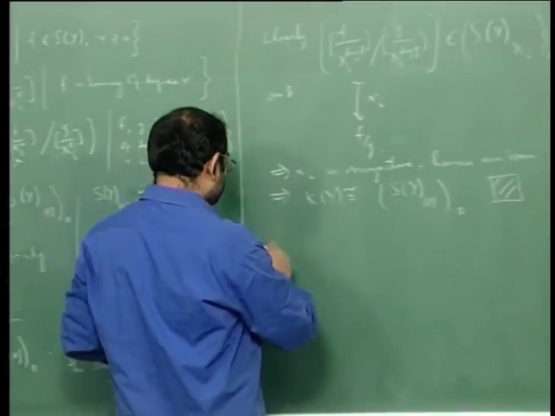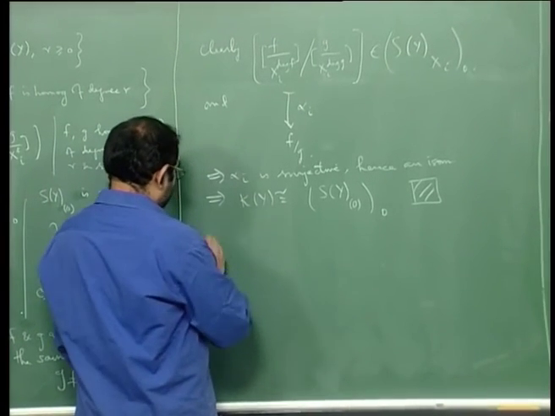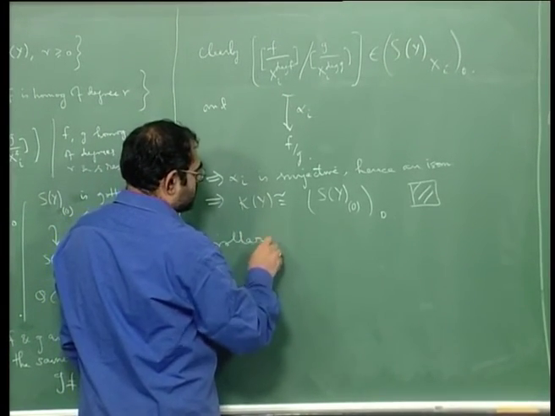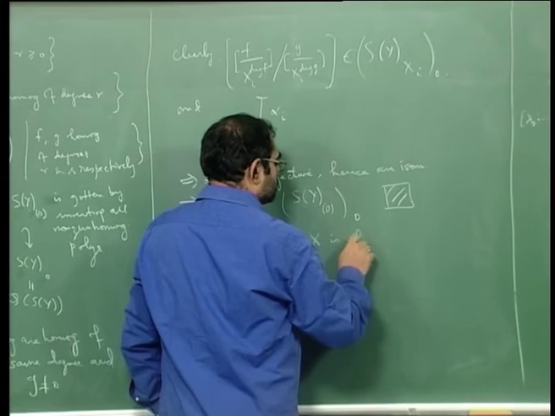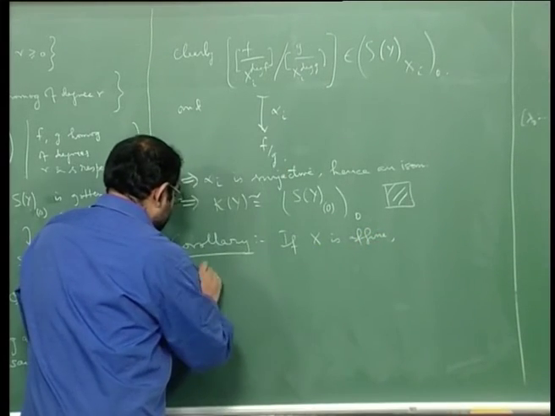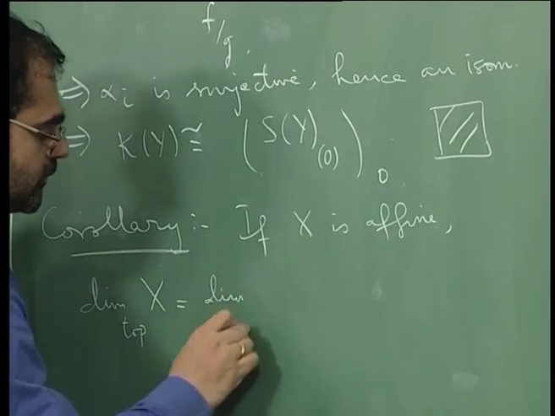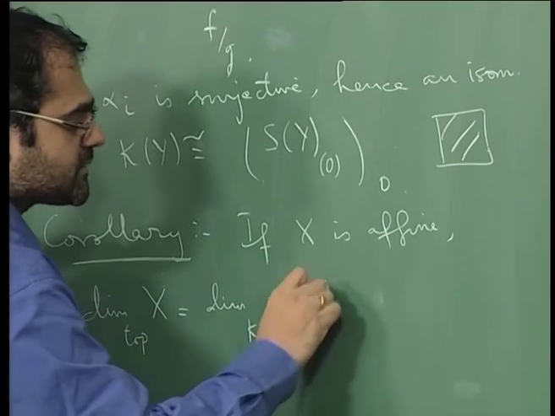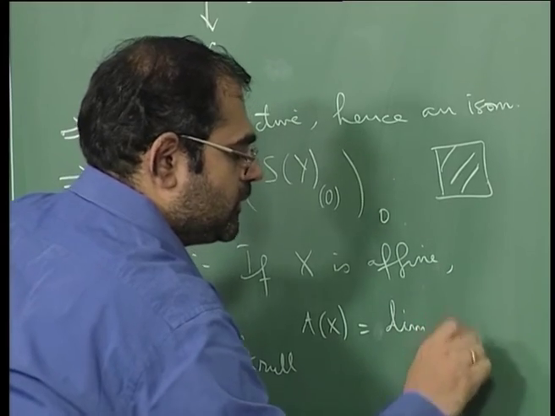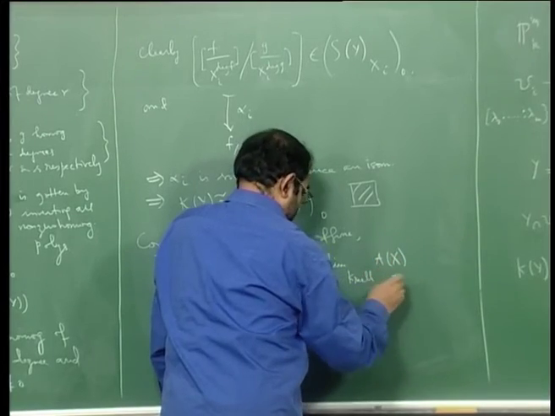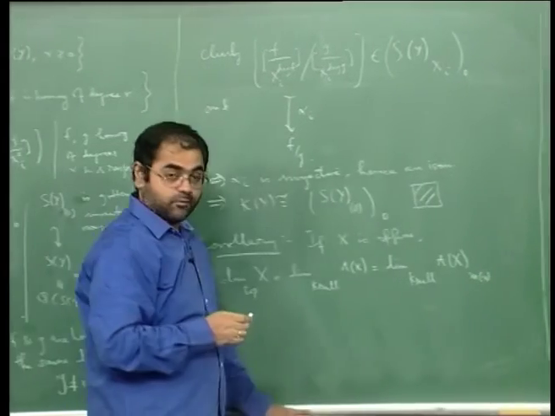So here is a very important corollary. The corollary is: if X is affine, the dimension of X, this topological dimension of X, is the Krull dimension of A_X. This is also the Krull dimension of A_X localized at m_x, the local ring at x.